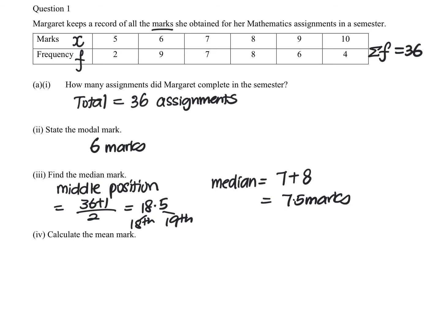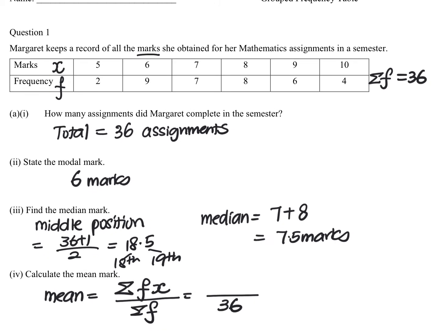Next, calculate the mean mark. What is the mean mark? The mean is given by the summation of frequency times the data value, over the summation of f. We already know there is a total of 36 data values. If you have your table, we conveniently add one more column called f times x, which is the frequency times the data value.